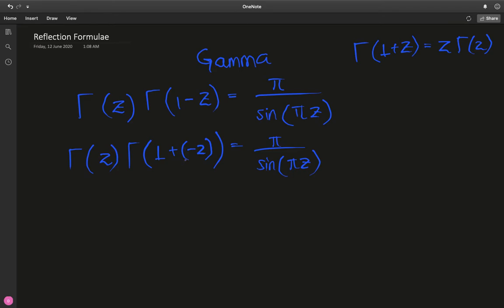So we get negative z times gamma of z times gamma of negative z, right, because of this formula basically, is nothing but pi over sine of pi times z.